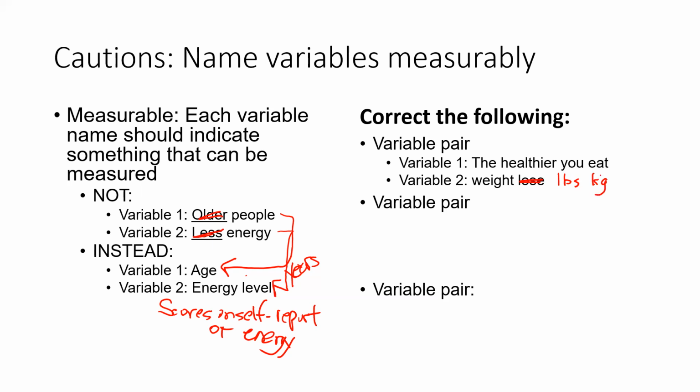How about this first one? We could say, instead of the healthier you eat, because how are we going to measure this? We could say the number, I'll use the pound sign for number, of healthy foods eaten per 24-hour period, right, per day. We could do something like that, or nutrients.